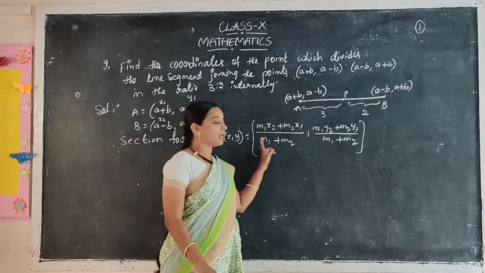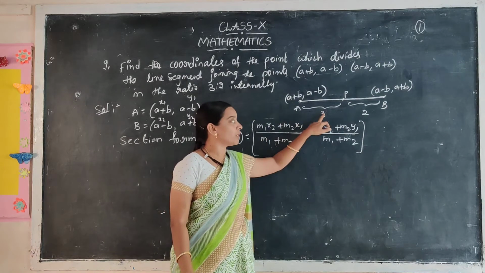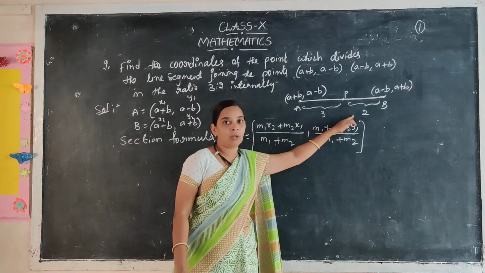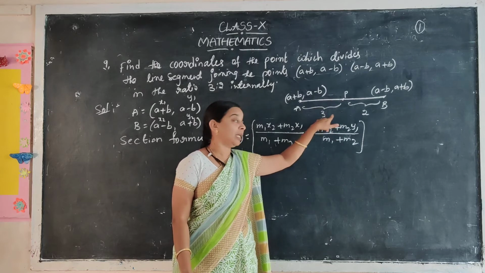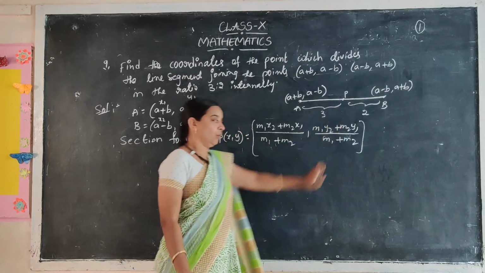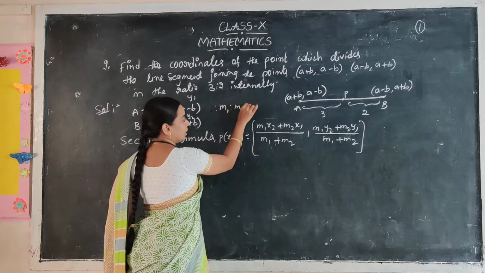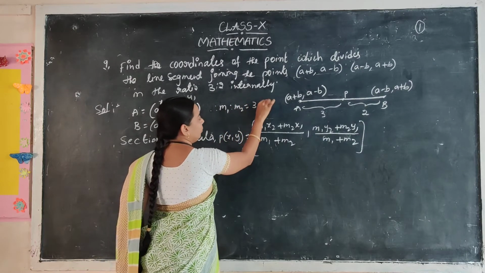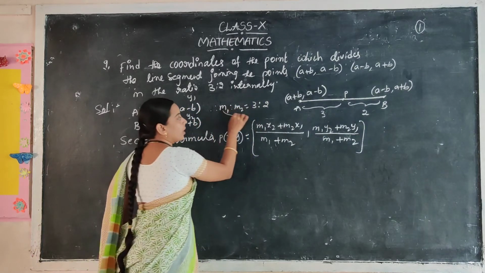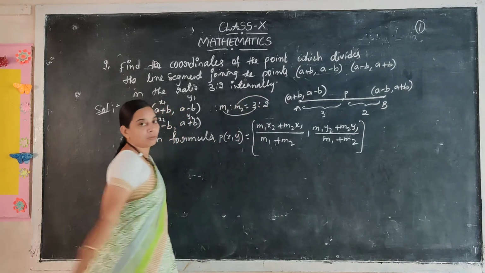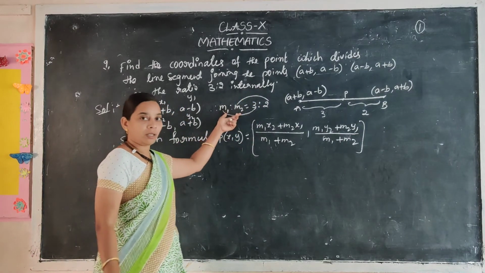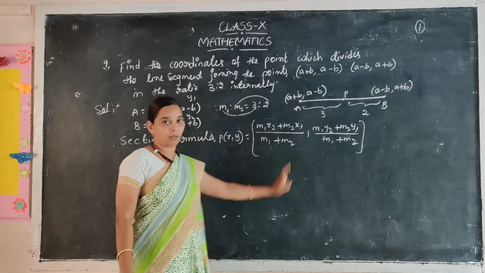Now coming to m1 and m2. The m1, m2 values are the ratio 3:2 parts. The first part is denoted by m1 and the second part is m2. That means write m1 is to m2 is equal to 3:2. Now the m1 value is 3 and the m2 value is 2. These values are substituted in the places of these variables.